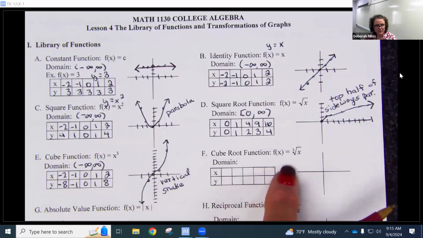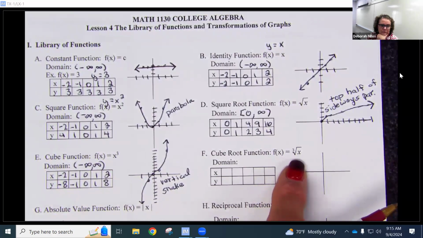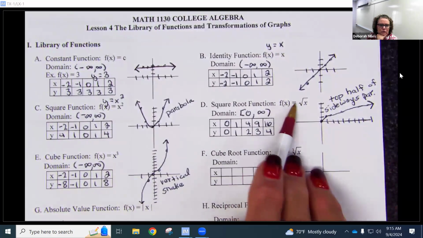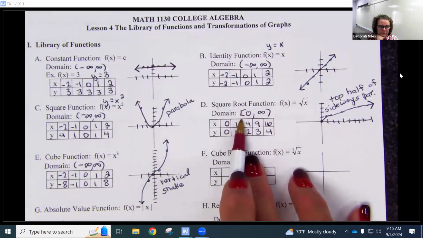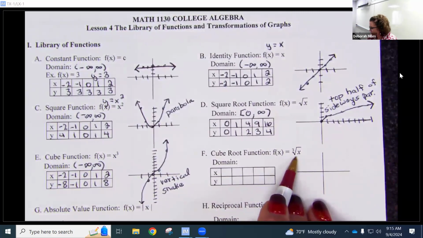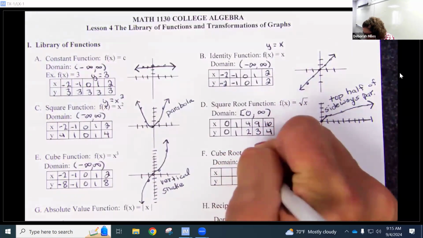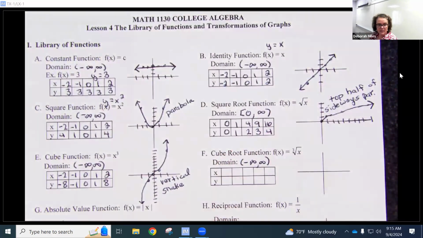The cube root function. What numbers can I take the cube root of? Well, I can only take the square root of positive numbers, but I could take the cube root of positive or negative numbers. So let me write the domain first. It's negative infinity to infinity. I can take the cube root of anything.